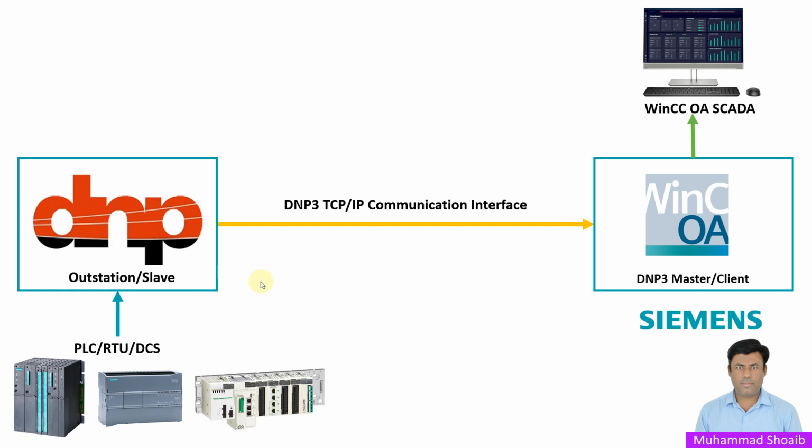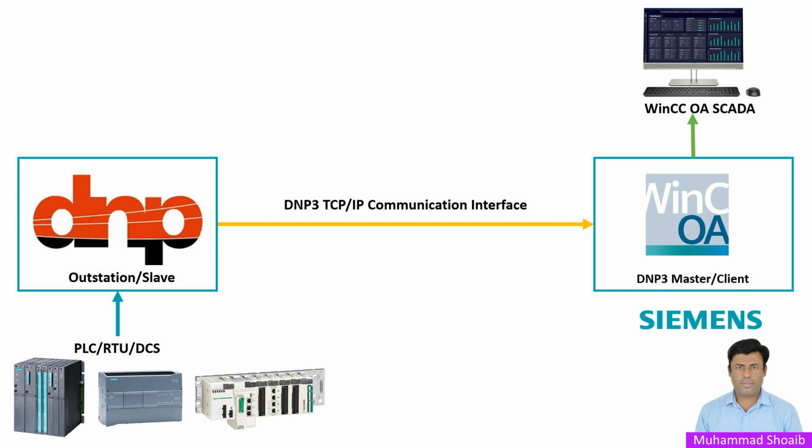In this system architecture and in today's tutorial video, we have the PLC, RTU or DCS working as a DNP3 outstation or slave, and then our WinCC OA SCADA acts as the DNP3 master or client, and in this tutorial I will configure WinCC OA as a DNP3 master.